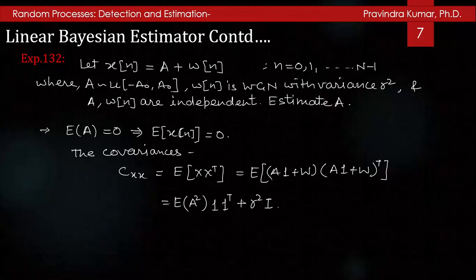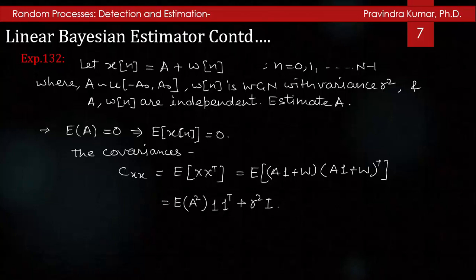The expected value of A is 0, so this means the expected value of xn is 0, and since the expected value of xn is 0, the covariance CXX is the expected value of x x transpose, which is the expected value of (A times the all-ones vector plus omega) times the transpose of (A times 1 plus omega), and it equals the expected value of A squared times 1 times 1 transpose plus sigma squared times the identity matrix.